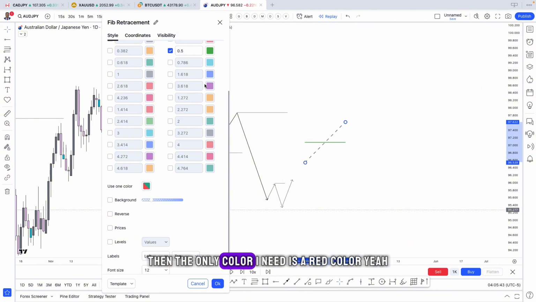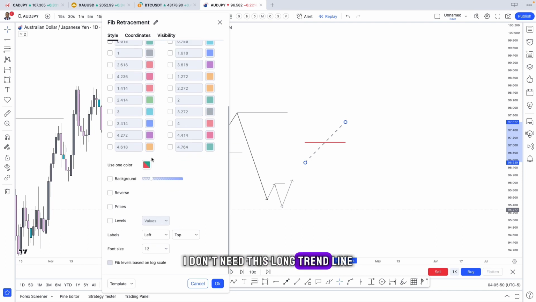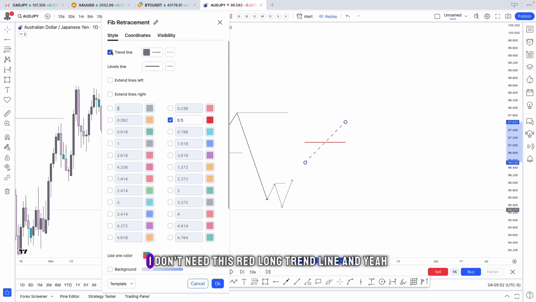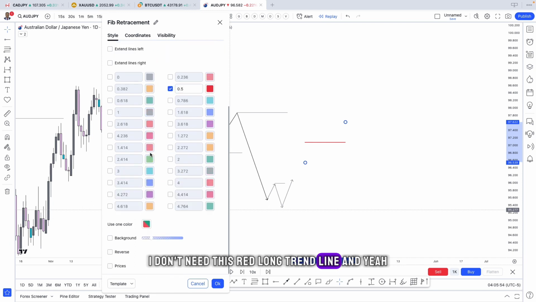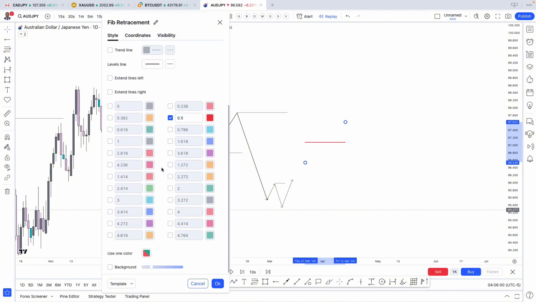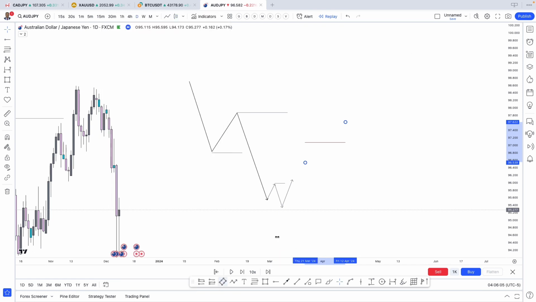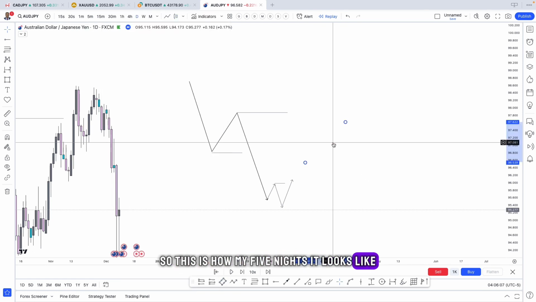The only color I need is red. I don't need this long trend line, I don't need this red long trend line. And the numbers are too big, and the line is too thick, so I'll make it very tiny. So this is how my Fibonacci looks like.